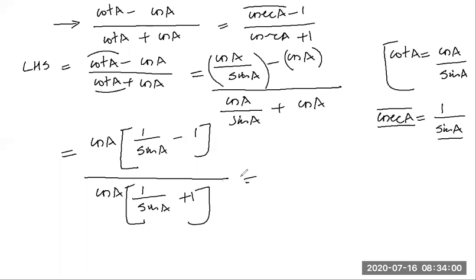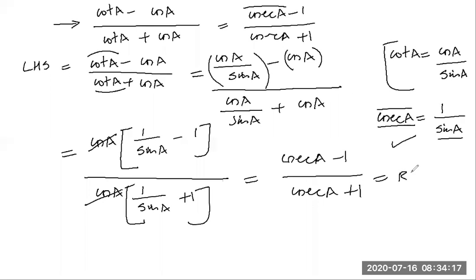This is equal to, cos A will cancel with cos A, and 1 by sin A is equal to cosecant A. So cosecant A minus 1 divided by cosecant A plus 1, and this is the right hand side. This is a way to prove these questions.